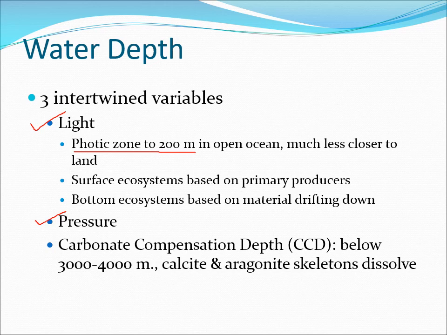But instead of 200 meters, if you consider more closely, we can see that it is only the top 100 meters up to which light can penetrate well, and plants in these upper 100 meters can take that amount of light and use it in photosynthesis.